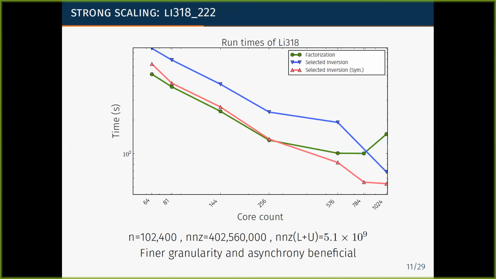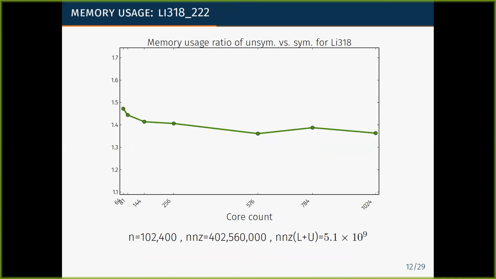Now, we're talking about unsymmetric storage versus symmetric storage. What's the impact on the maximum memory usage? In all those experiments, I've been using a non-symmetric factorization, so the impact is going to be lower than it would have been with a symmetric factorization. I will need to work a bit more on this.